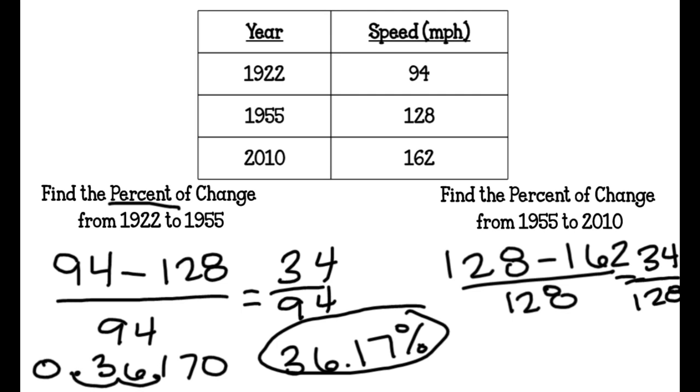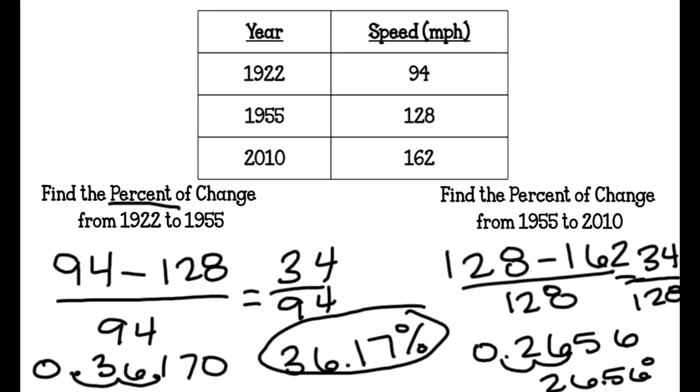So now we're starting with a different original. So this is to kind of show you that the original amount greatly affects the percent of change. So when you divide that, you're going to get 0.2656. You're going to move your decimal over 2. You're going to get 26 and 56/100%. Circle it, and that's your answer.